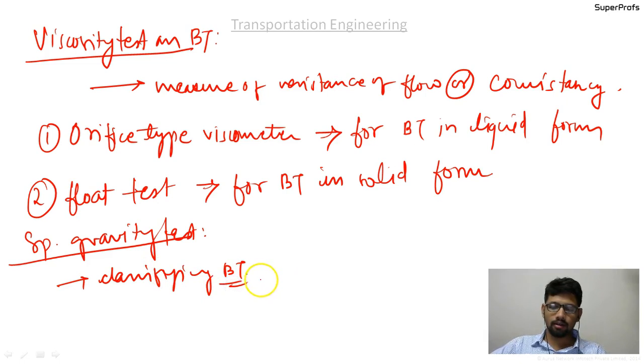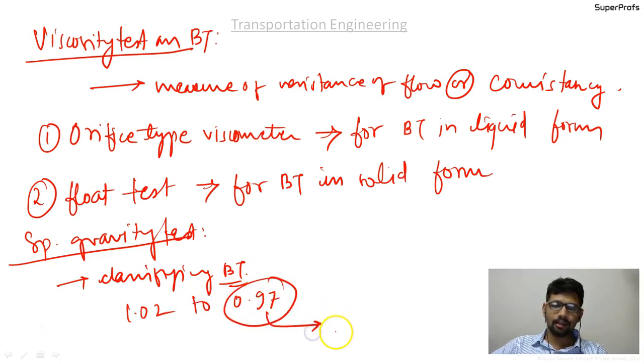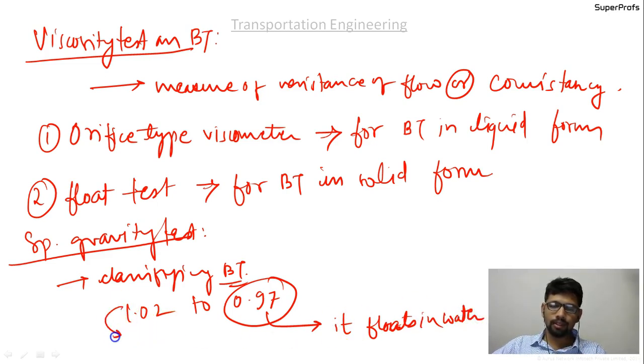Okay. The range of specific gravity of bitumen is between 0.2 to 0.97. If it is 0.97, then it floats in water, and when bitumen has specific gravity 1.02, that sinks in water.